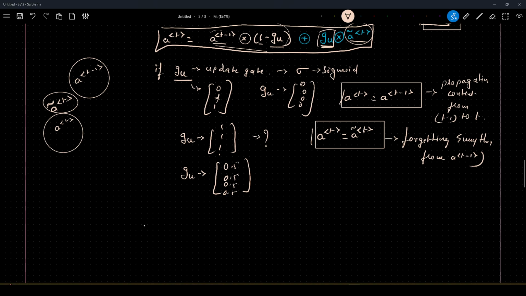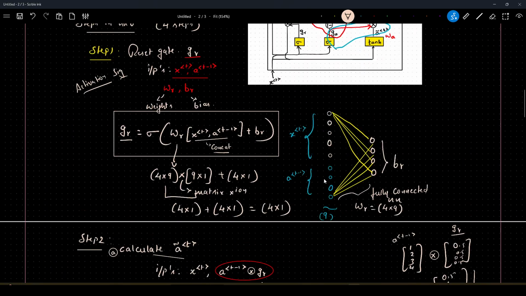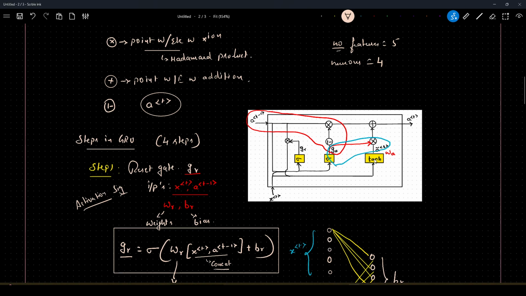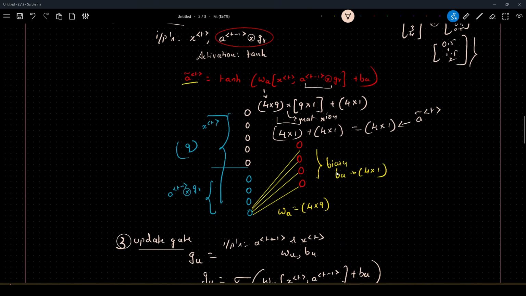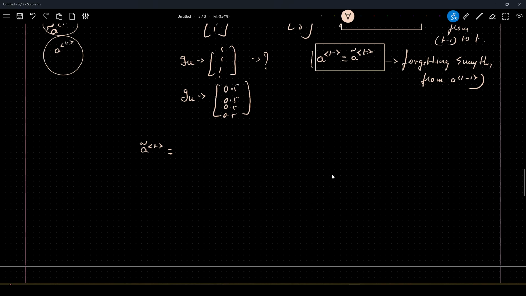So how do we calculate A bar T? So it is of tan H, right? So if we just look at here, yes, it's of tan H, correct? So let me just write that out. So it is tan H of WA, XT, I think it's A T minus 1 pointwise multiplication with GR, plus BA.